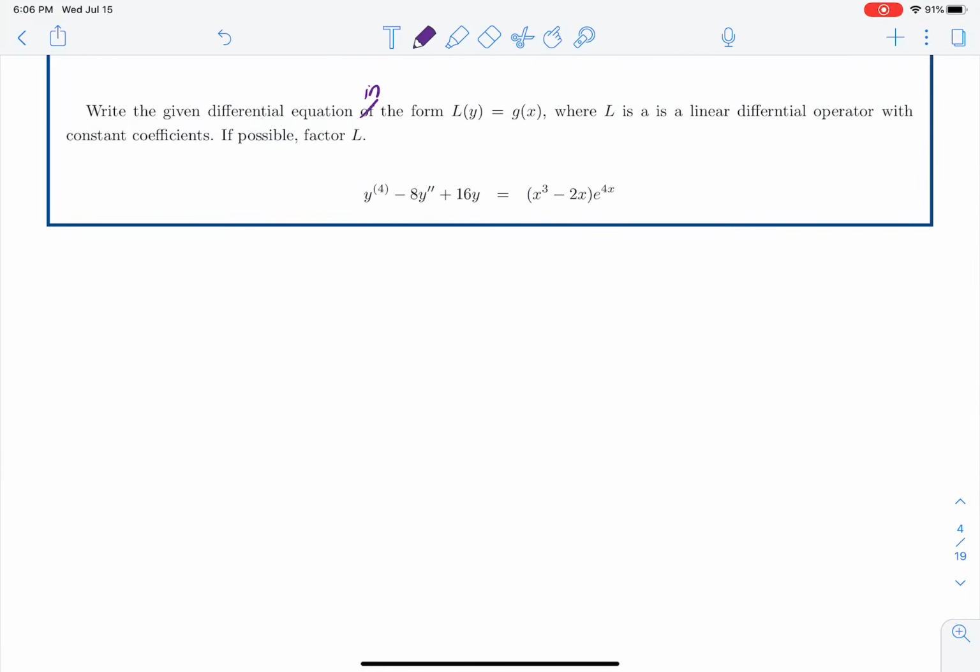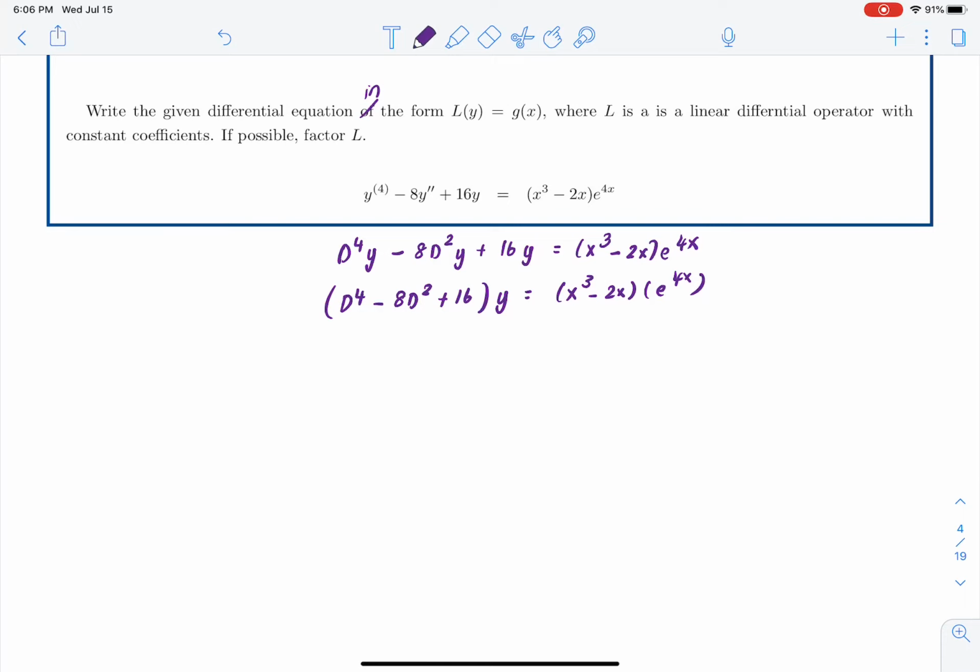Here we have a case where we have a fourth order differential equation. So I could write the fourth derivative as D to the 4, y minus 8D squared y plus 16y equals x cubed minus 2x e to the 4x. I could pull the y out: D to the 4 minus 8D squared plus 16, times y equals x cubed minus 2x e to the 4x. Could we factor this?